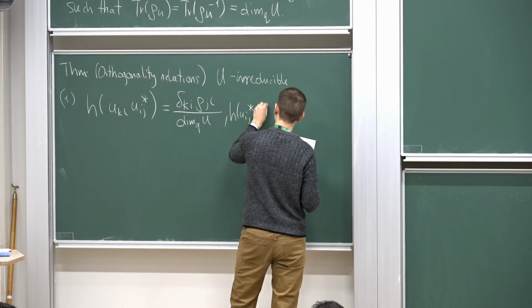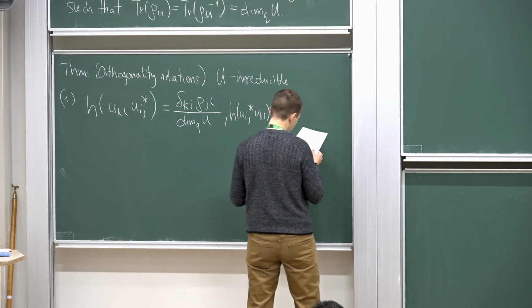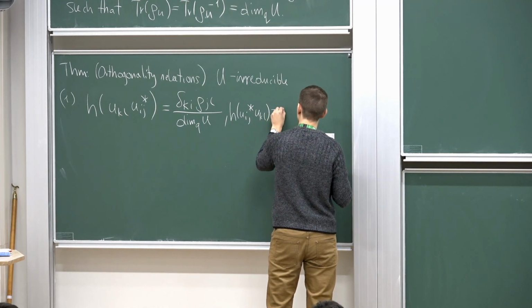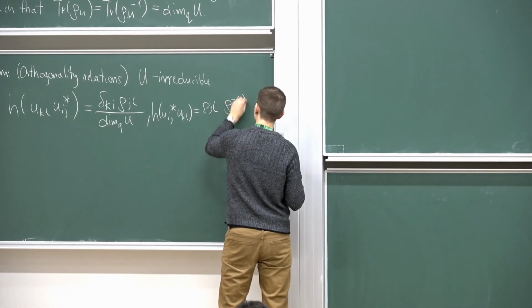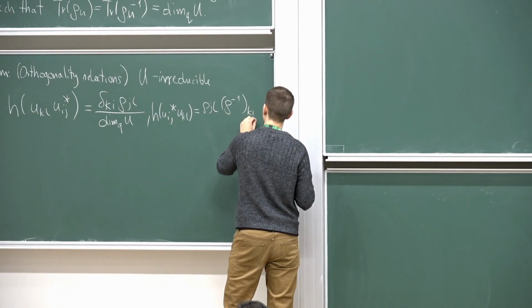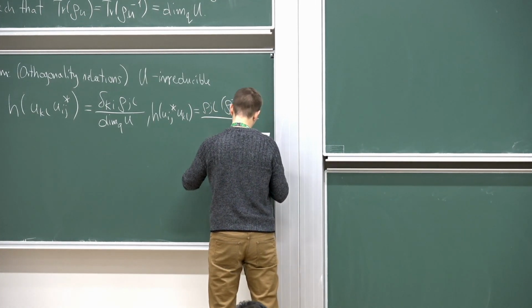U_ij star U_KL. It's delta_JL, now it's rho inverse_Ki, also over the quantum dimension.